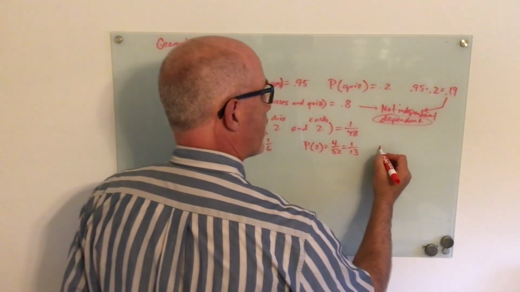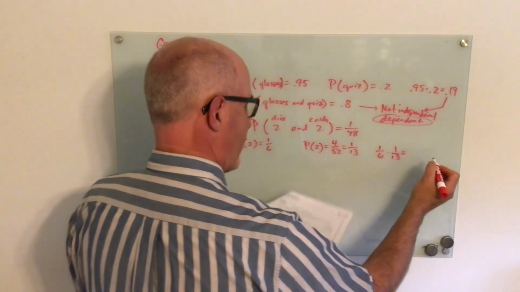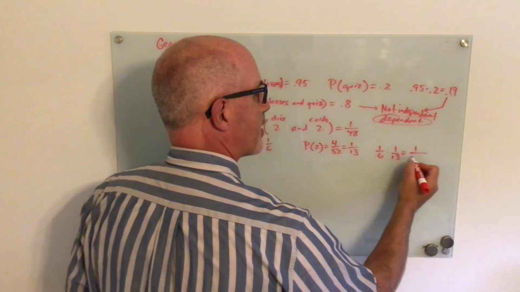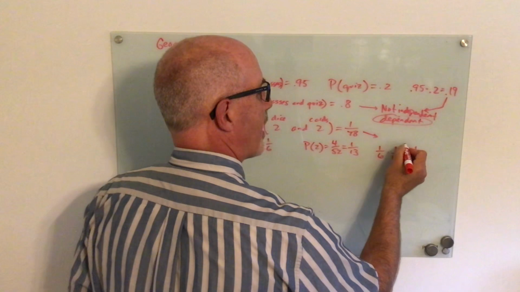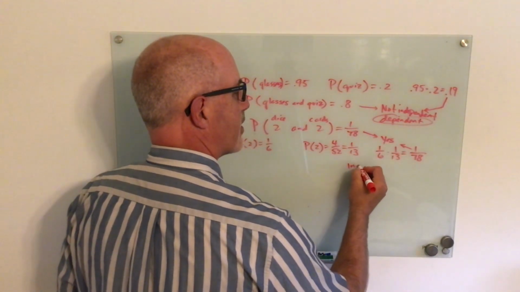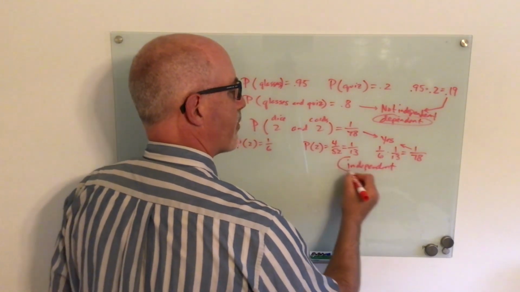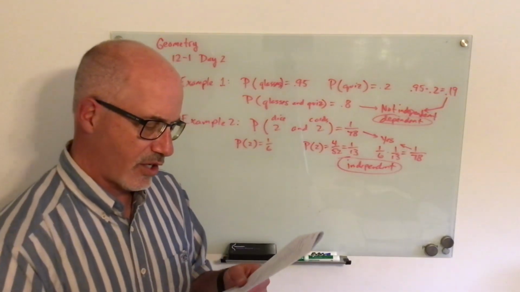So let's try 1 over 6 times 1 over 13, and that gives me 1 over 78. As you multiply 6 times 13, you get 78. These two are the same, so it's a yes. So they are independent. Okay, so those two events are independent of each other.